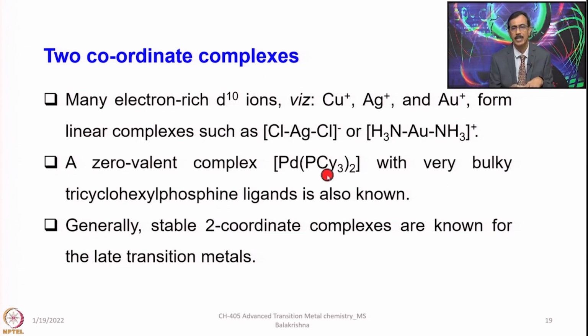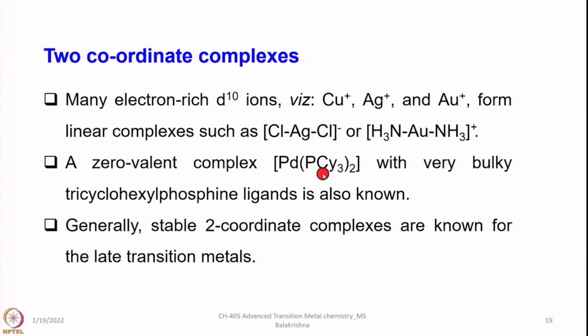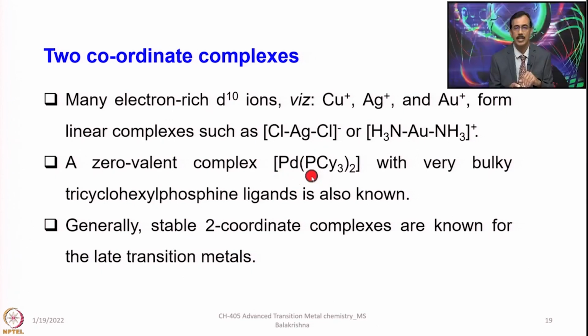Tris cyclohexyl phosphine, because of its bulkiness, has stabilized palladium with coordination number 2 and linear geometry. Another example is tri-tertiary butyl phosphine. There also, 2 tri-tertiary butyl phosphine ligands stabilize palladium in linear geometry with coordination number 2. Generally, stable 2 coordinate complexes are known for the late transition metals.